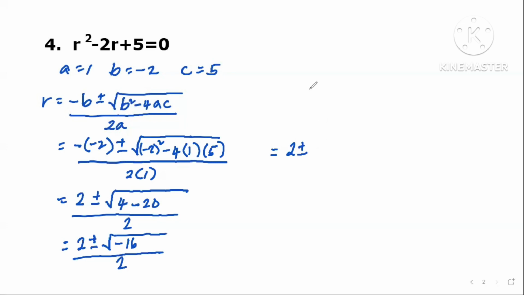Now, what is square root of negative 16? Square root of negative 16 is an imaginary number, no? Kasi walang square root ang negative numbers. So, paano natin to isusulat? Well, square root of negative 16 can be written as square root of 16 times negative 1, right? Now, in case you still don't know, i squared is equal to negative 1. That's the definition of i.